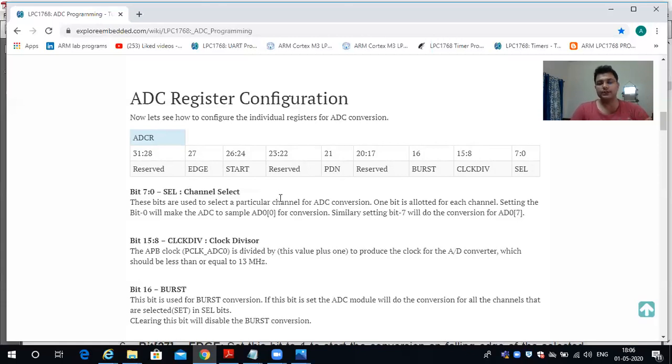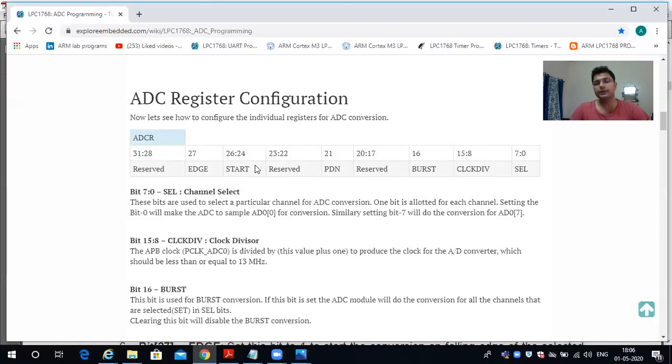It will decide on its own internally when to start, which signal to take in, and then which signal to stop. Whereas in software control mode, 000 means no starting; we haven't started it.